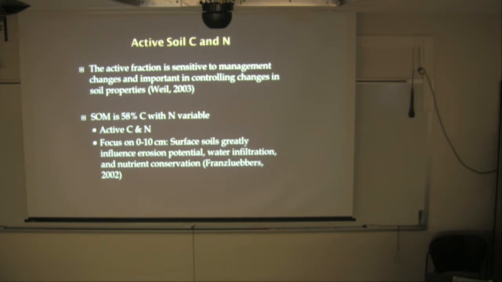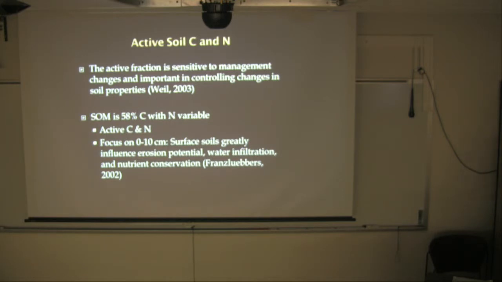Additionally, soil organic matter is not homogeneous. It's comprised of various components ranging from fresh plant residue to more inert humic substances. However, it is generally accepted that it's approximately 58% carbon, with nitrogen variable. So it's the active carbon and nitrogen which is typically targeted in assessing soil health and management impacts.